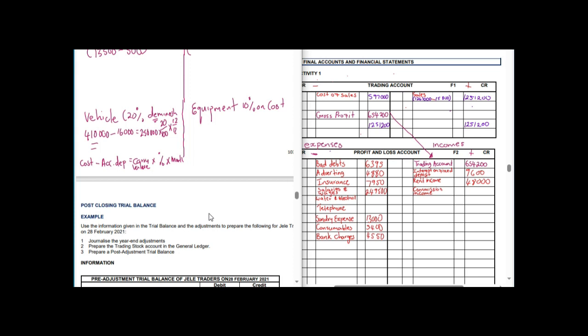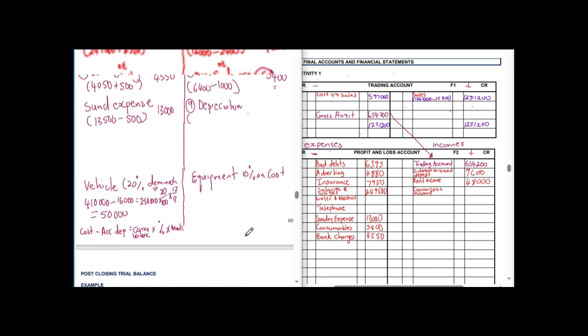And then our depreciation for vehicle is 50,000.